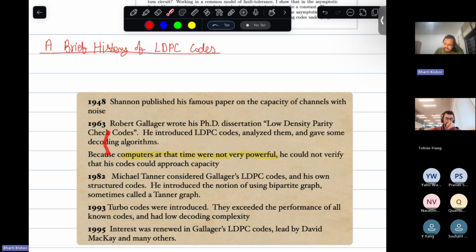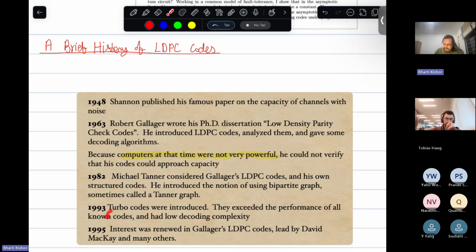But still you see that LDPC codes were not popular. Then in 1993, a very nice code called the Turbo code was introduced, which exceeded the performance of all known codes and had low decoding complexity.